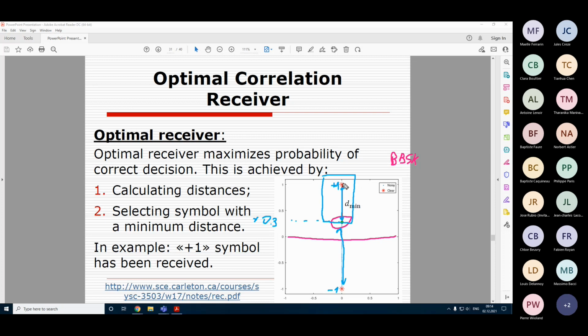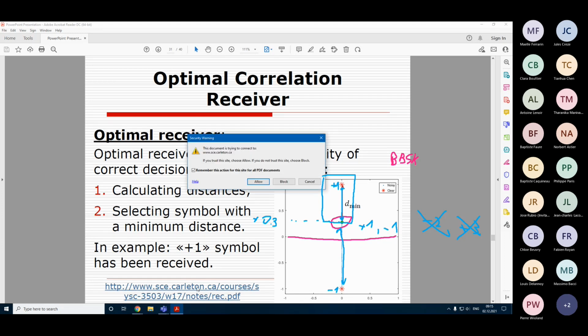So we have these references, these original signals, and we have these received signals, which are a noisy version of one of these references, because nothing else could have happened. We are sending either +1 or -1. We are not sending -2, we are not sending -3 or +3. Only one of these two cases is possible, and for that reason we compare what we have received with these two cases.